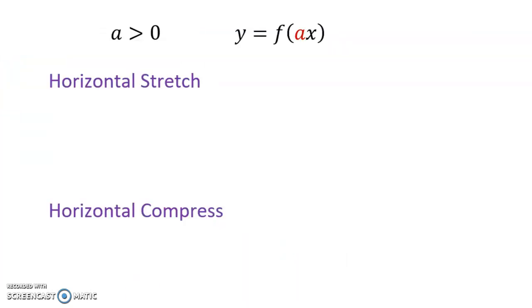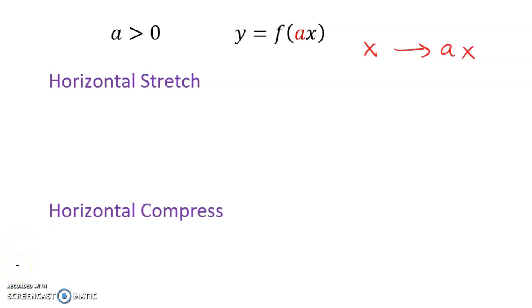The last two transformations are the horizontal stretch and the horizontal compress. This happens when we multiply a positive number a to the x in the function. In other words, we're replacing x by ax in the function.